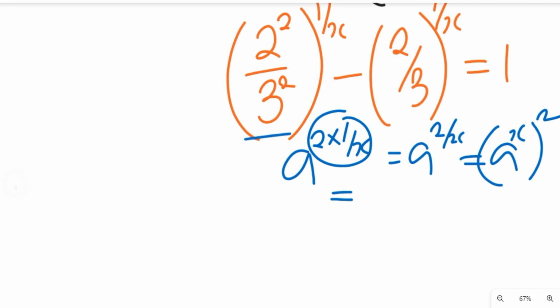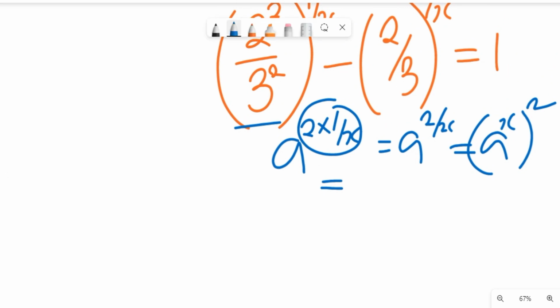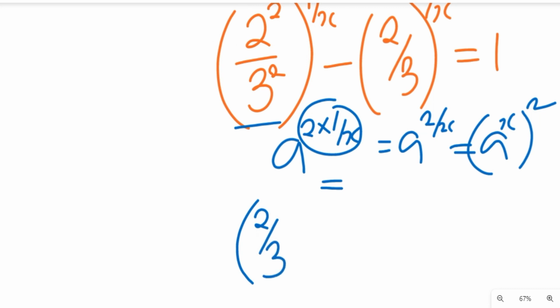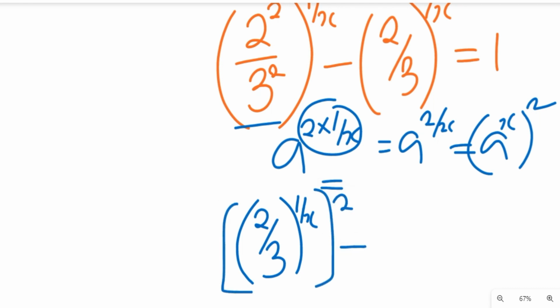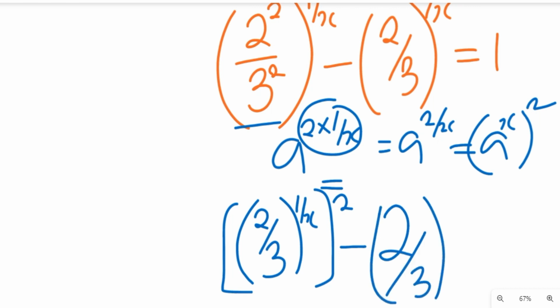If we apply that there, we are going to have 2 divided by 3 to the power of 1 divided by x, all squared, minus 2 divided by 3 all to the power of 1 divided by x, and this will be equal to 1.